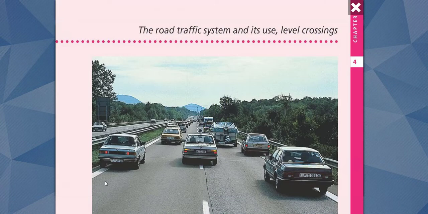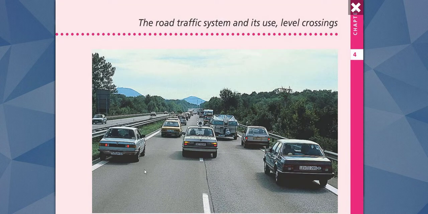Let's open our ebook. This is the situation which the question is talking about. We have two lanes, and both lanes are going in one direction. The traffic is flowing in one direction on both lanes. Now the thing to remember is, if you find yourself in the right-hand lane, you have to move towards the right side. And if you are in the left-hand lane, you have to move towards the left side.